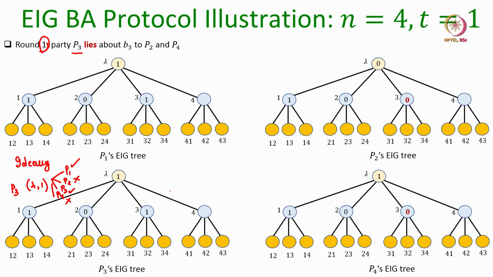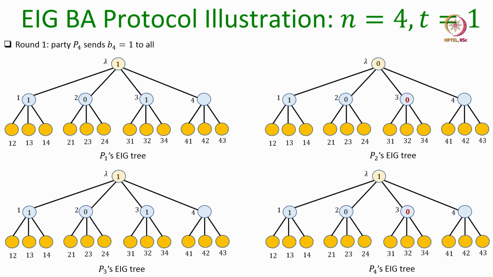Since 1 and 3 have received correctly the value of P3's root node, they have assigned the value 1 to the node with label 3, but if you see P2's copy of the EIG tree and P4's copy of the EIG tree, the node with label 3 is assigned the value 0. This is because P3 has behaved maliciously.